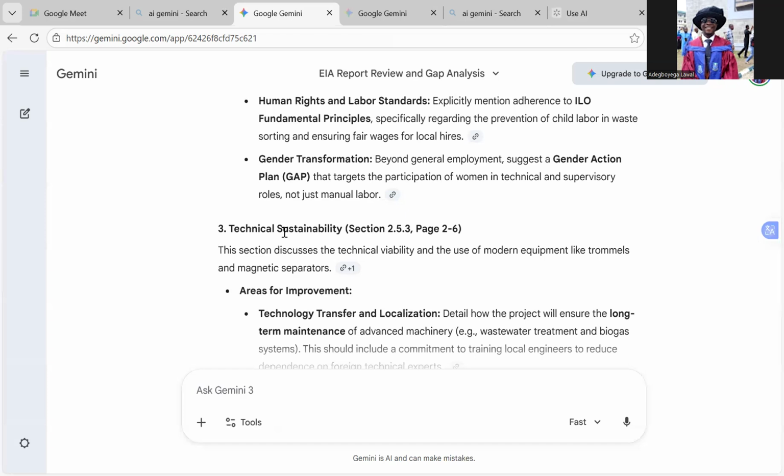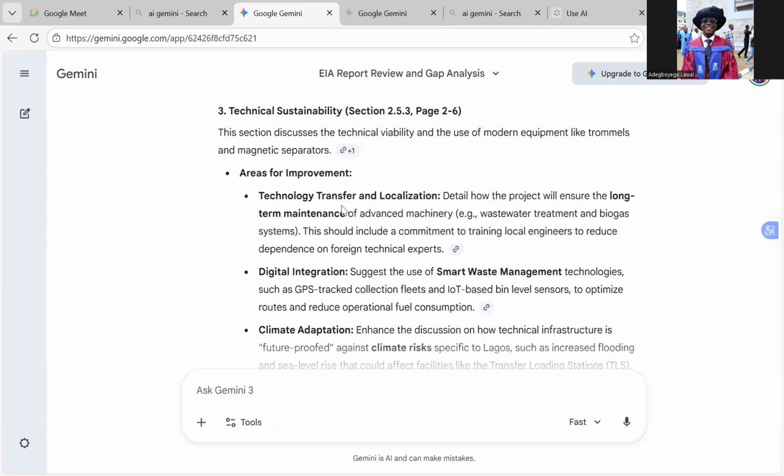Now number 3, technical sustainability. Areas of improvement: technology transfer and localization. This is a very, very important area that can even be mainstreamed into other projects. For example, wastewater treatment and biogas systems should include a commitment to train local engineers to reduce dependency on foreign technical experts.